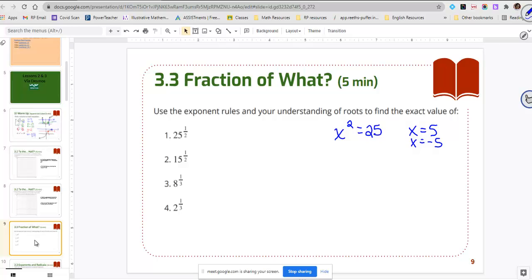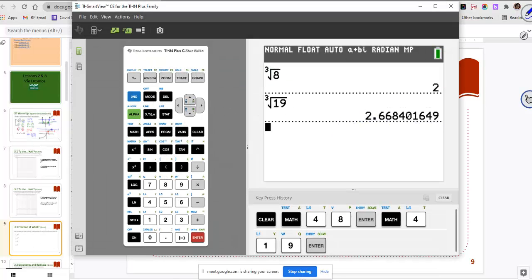What does 1/2 power look like? So try it on your calculator with me, whatever kind of calculator that you have. Even a little pocket calculator can do this same thing.